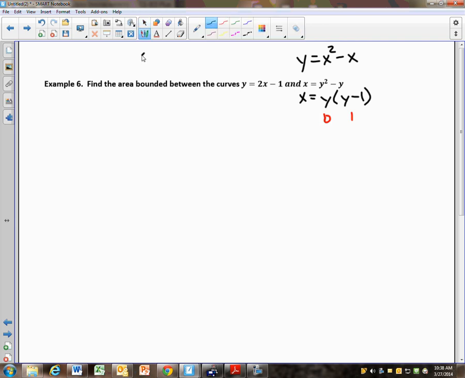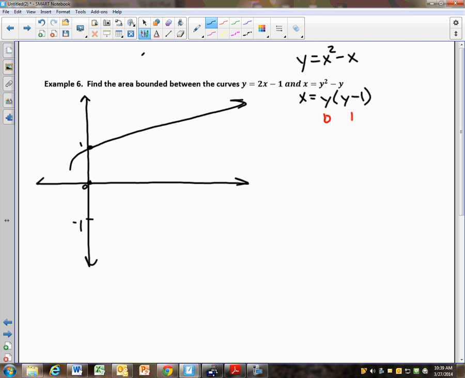Okay, so this is a parabola that goes to the right. Its intercepts are 0 and 1. So if I draw this shape, I get something that looks like... Everybody okay with that?